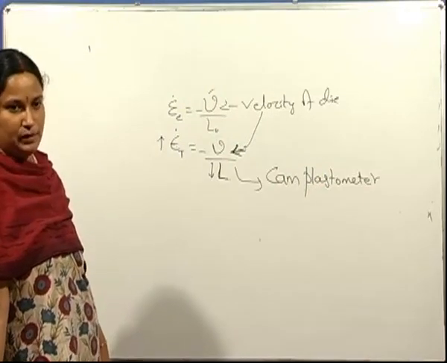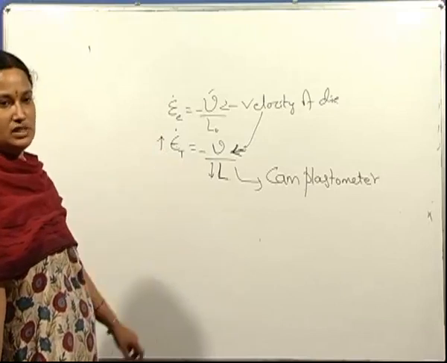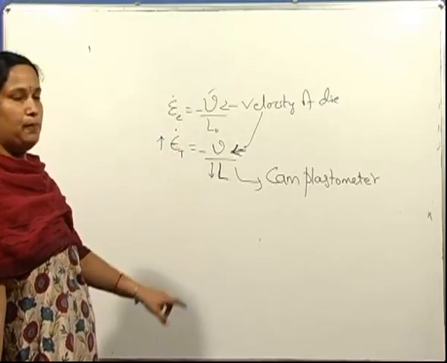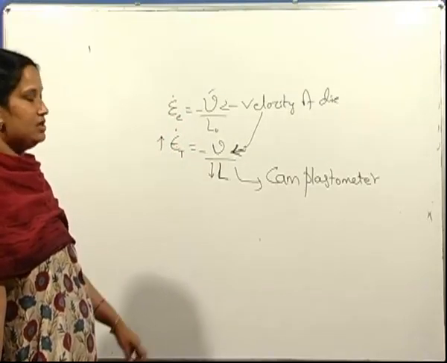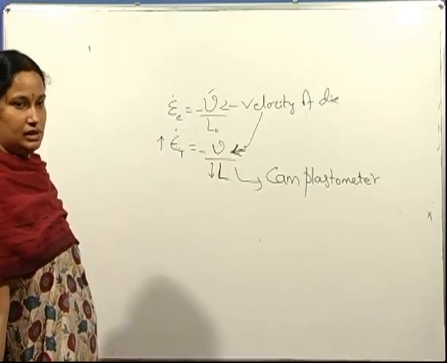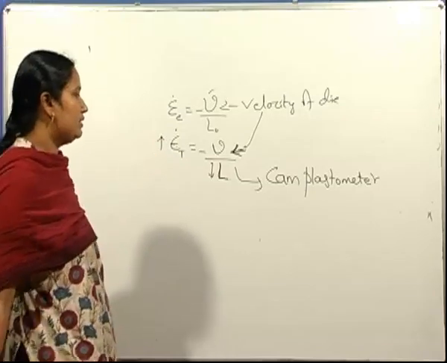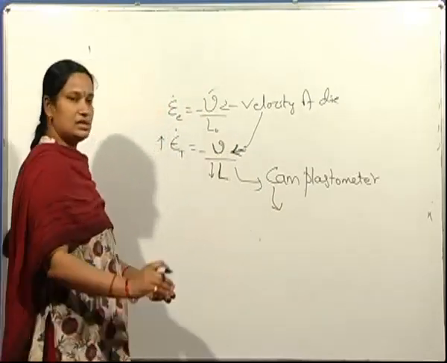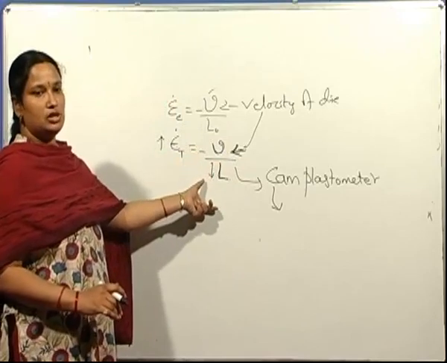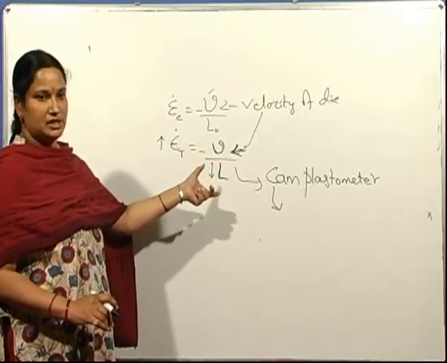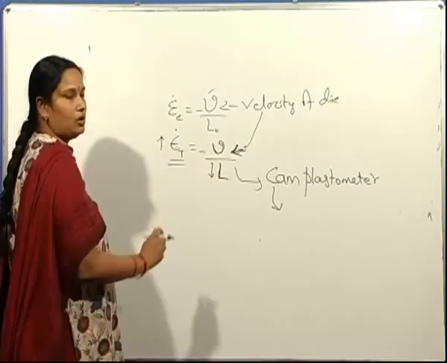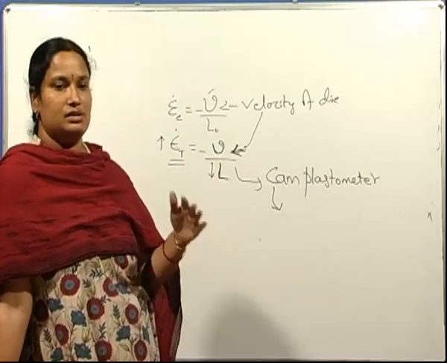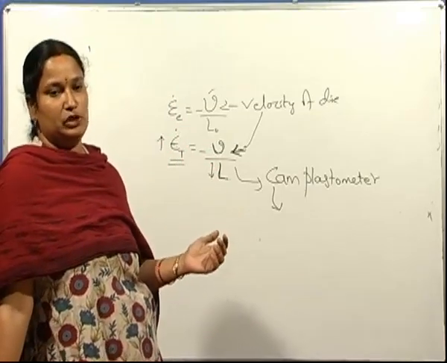For the case of compression, the true strain rate is inversely proportional to that of the instantaneous length. So cam plastometer is the device which is used to carry out the tests at constant strain rate, where this cam controls the velocity of the die. The velocity is decreased in proportion to the length as the compression takes place, so as to maintain a constant true strain rate.